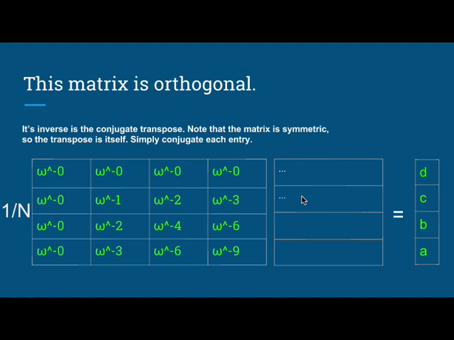And this is the same thing as the FFT algorithm. There is no difference. It's just that instead of evaluating them at the roots omega to the 0, omega to the 1, omega to the 2, and omega to the 3, now you're evaluating at omega to the minus 0, omega to the minus 1, omega to the minus 2, and omega to the minus 3. Everything else is the same. Does that make sense?